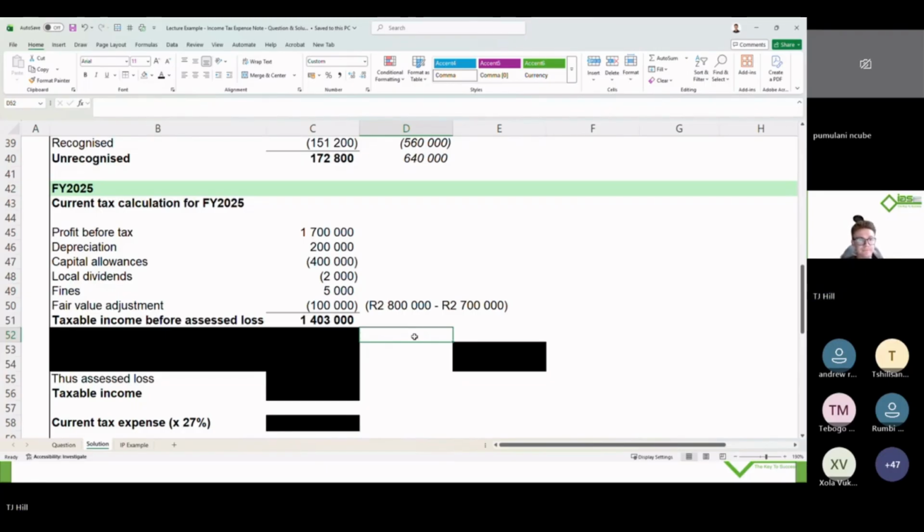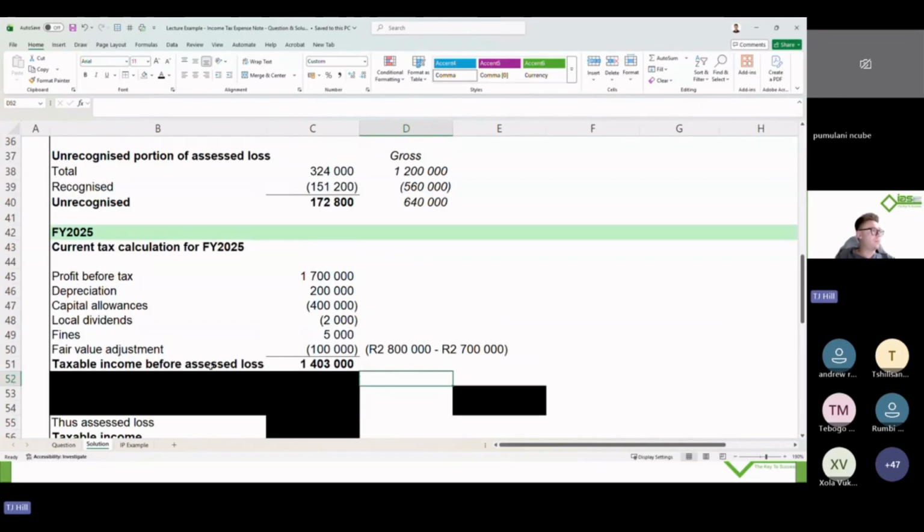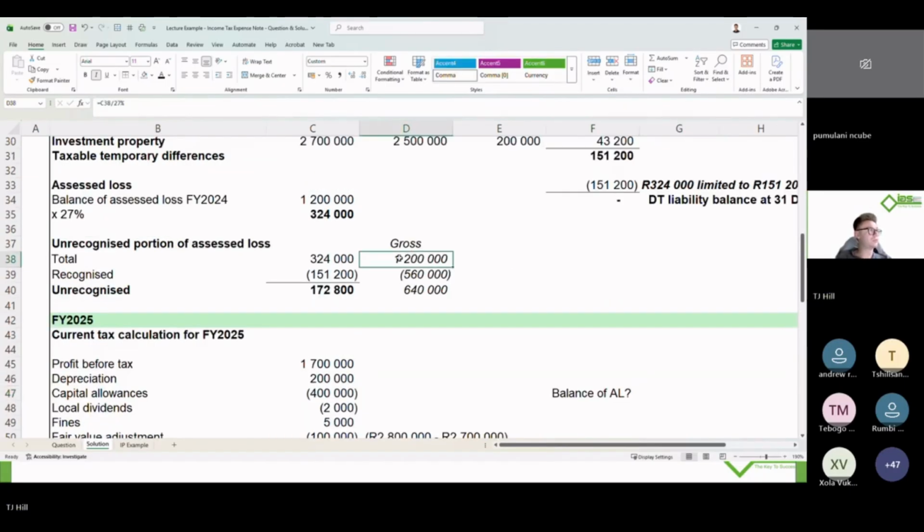You agree? My question, though, to you is, before I even think about the limit, what is the balance of the assessed loss? Is it 1.2 or is it 640?